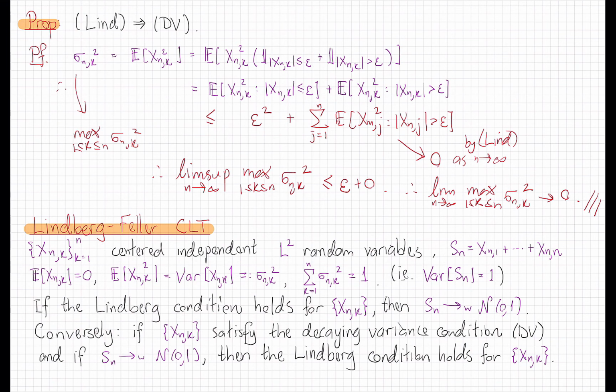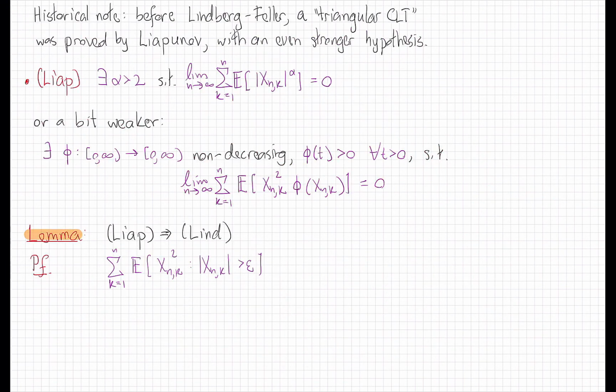The next lecture will be devoted to the proof of this theorem, but before we head there, I'd like to conclude with one historical note about another generalized central limit theorem that predates the Lindeberg-Feller, and that is the Liapunov central limit theorem. Liapunov introduced yet another condition guaranteeing average uniformity, which we now call the Liapunov condition, and it's written right here.